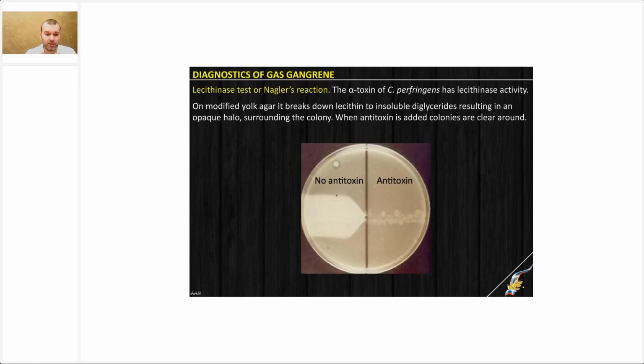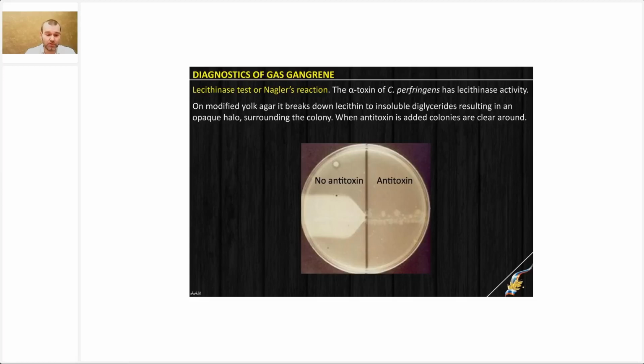It's easy to identify on egg yolk agar, because naturally egg yolk contains a lot of lecithin, and the test is quite easy to perform. You need to take a petri dish with that modified yolk agar, and split it into two parts. In one part you need to add antitoxin, and in another part nothing should be added.